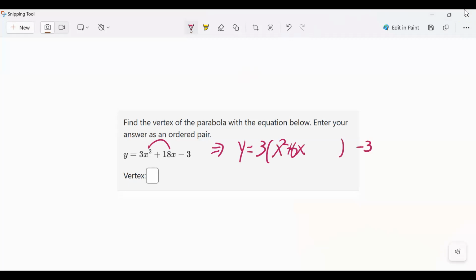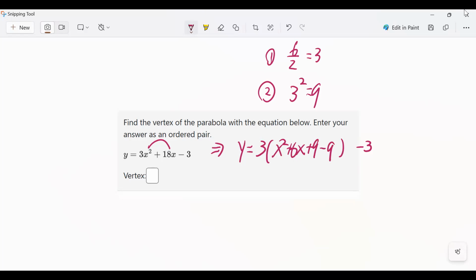Then we find the required number to complete the square. Step 1, 6 divided by 2 gets 3. Step 2, you square the 3 to get 9. That means the missing number we need is 9.